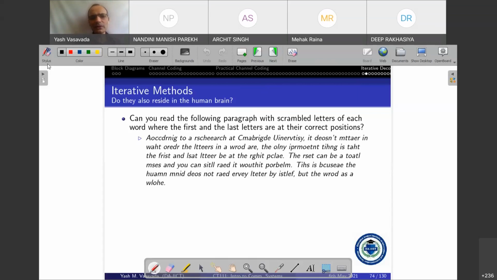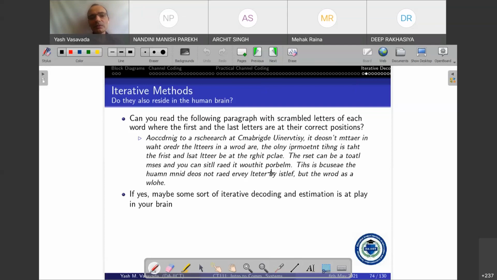If you try to read it, although spellings are wrong, you will still be able to read what it says. As the paragraph says, according to research at Cambridge University, it doesn't matter in what order the letters in a word are. The only important thing is that the first and the last letter are at the right place. The rest can be a total mess, and you can still read without any problem.